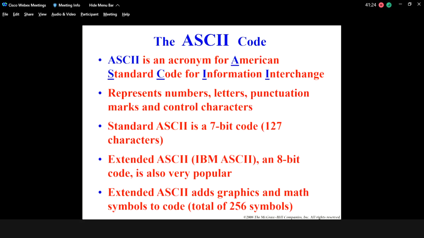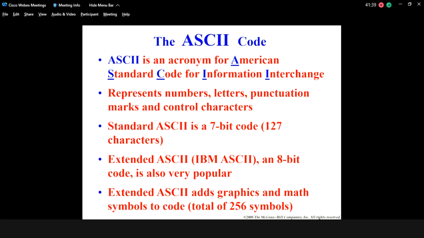So we have ASCII code. ASCII code is the one that we will use in computer when you get data file from the raw instrument.